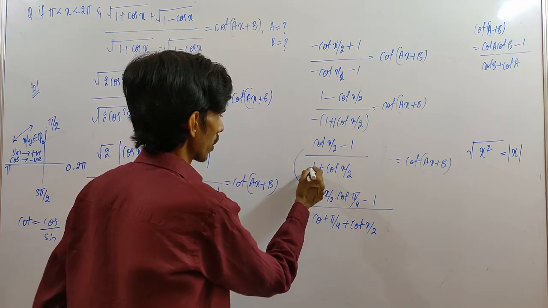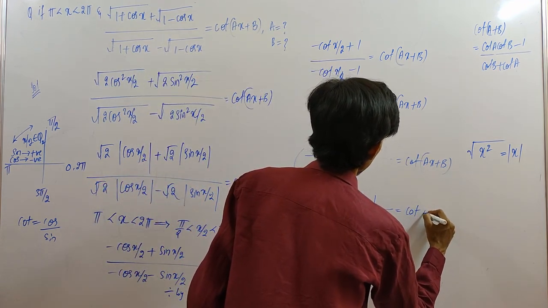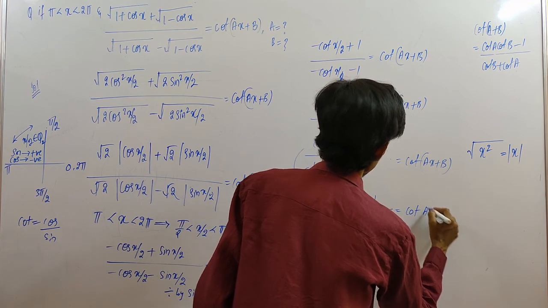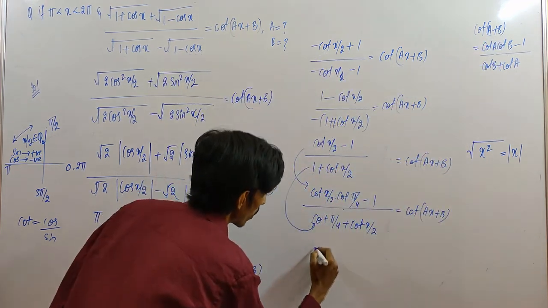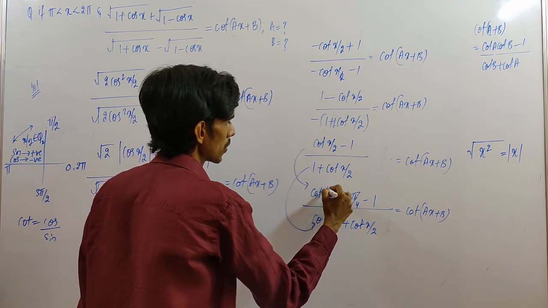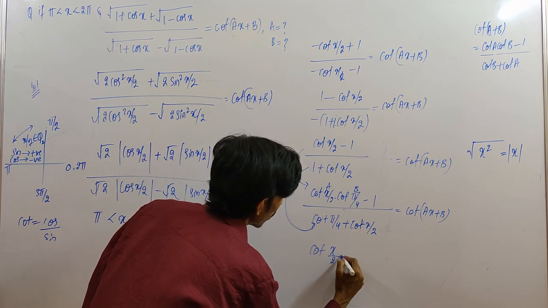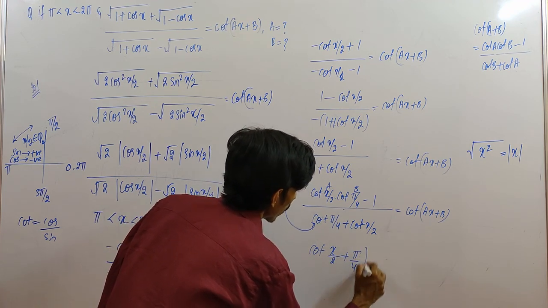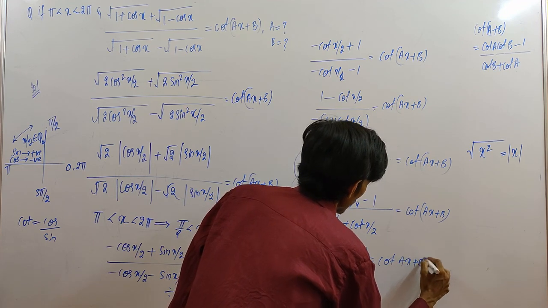Here we have cot(ax plus b). Now compare these two formulas, we have cot(a plus b). A value is this, b value is this. So it becomes x by 2 plus pi by 4, is equal to cot(ax plus b).